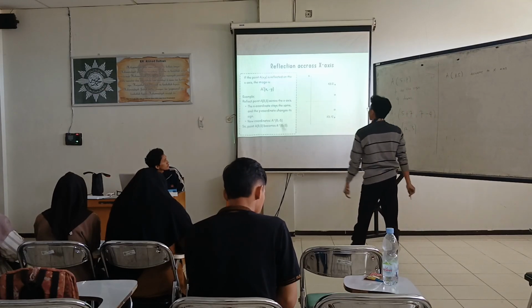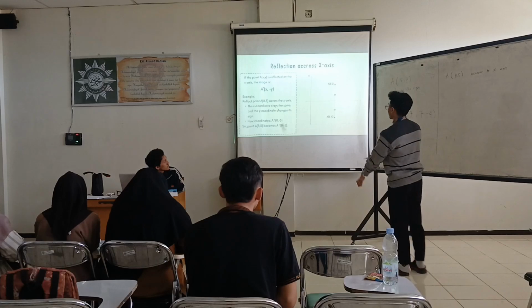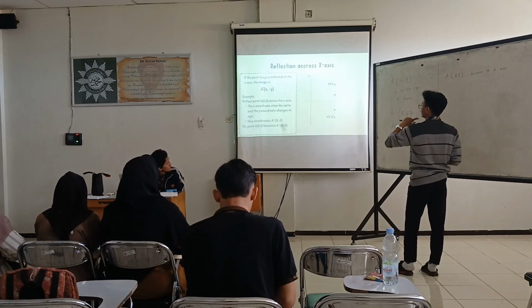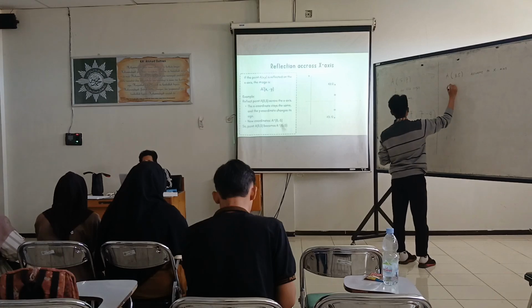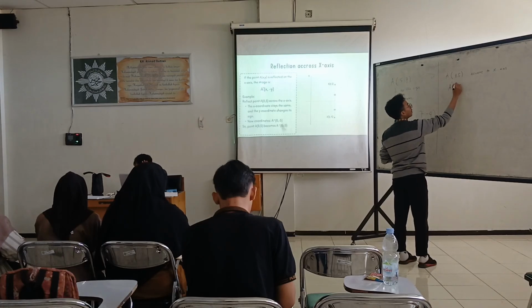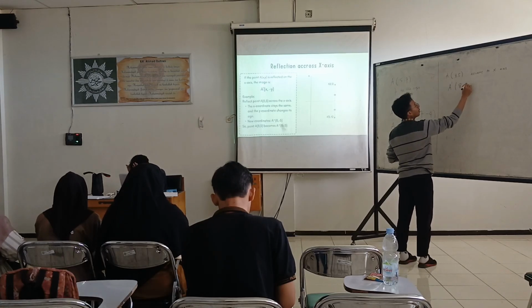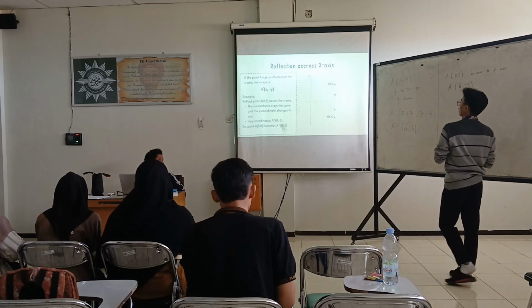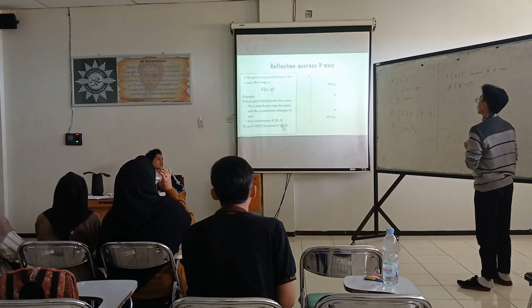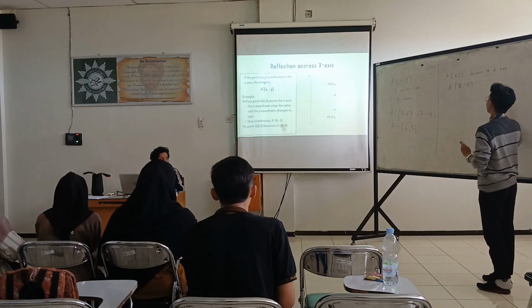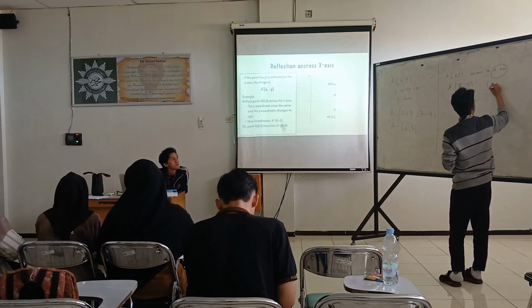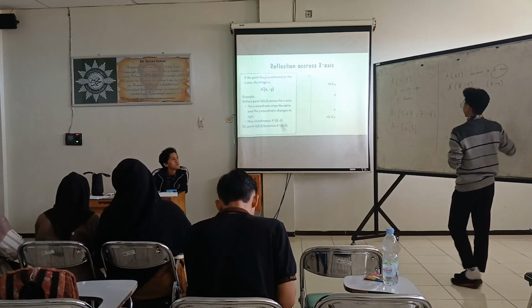The x coordinate stays the same and the y coordinate changes its sign from plus into minus. So the new coordinates for A are 8 and minus 5. This is reflection across the x-axis. We need to remember this. Across the x-axis is x and minus y.